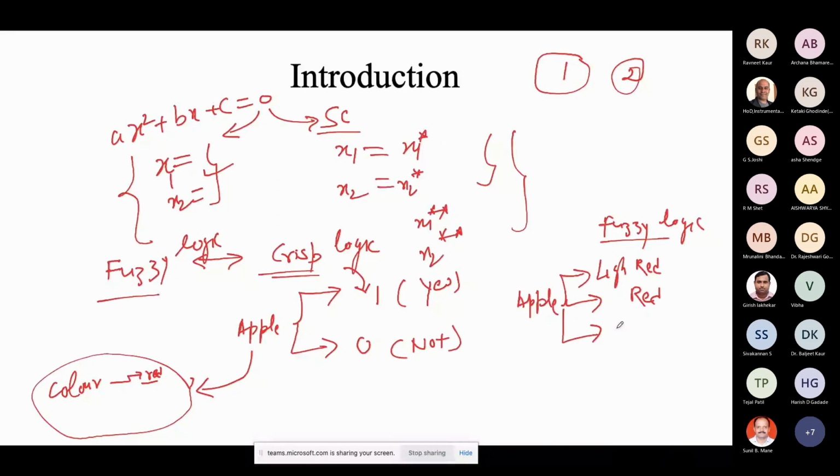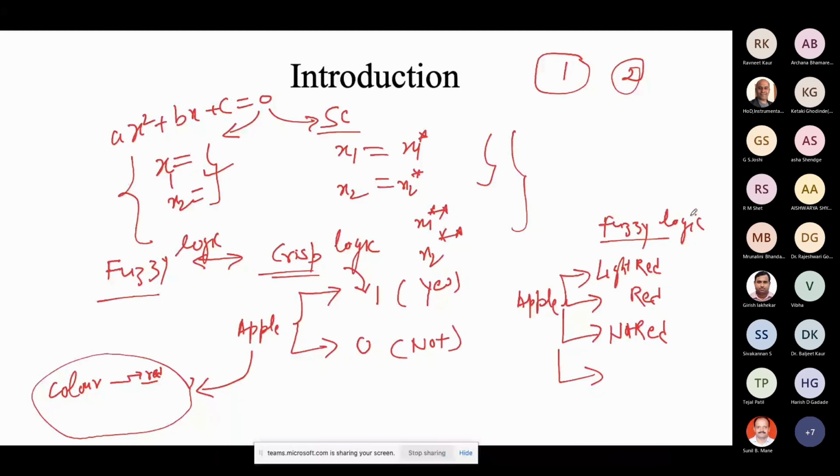Likewise, we have many answers. Light red means very light red. So in a practical example, we have different types of answers, and fuzzy logic is providing this opportunity to us.